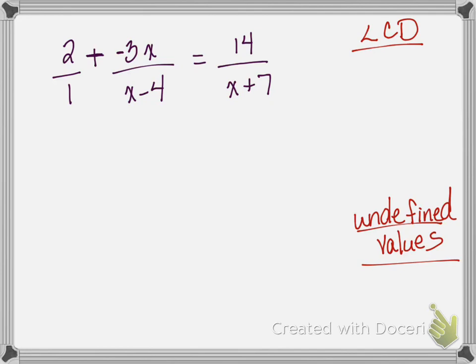So if I have to distribute that 3x, that negative goes with it. Now, for this first one, I can write down the 1, but I don't have to, because 1 times any quantity is going to give me that quantity. Then I'm going to have x minus 4, and then I'm going to have x plus 7. So that's going to be my LCD.